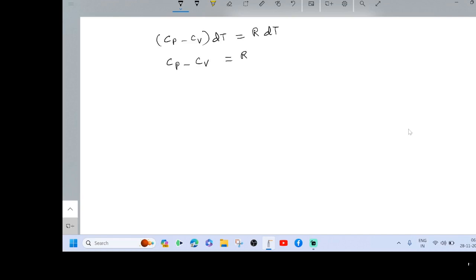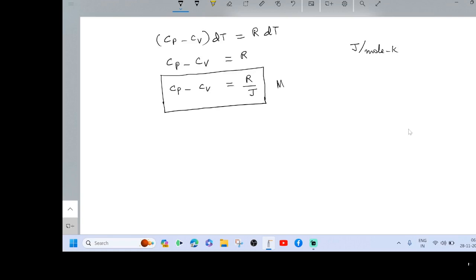We know the unit of R is joule per mole Kelvin. If you want to convert this in terms of calories, it is modified as Cp − Cv = R/J. This is called Mayer's relation. For an ideal gas, Mayer's relation is Cp − Cv = R/J.